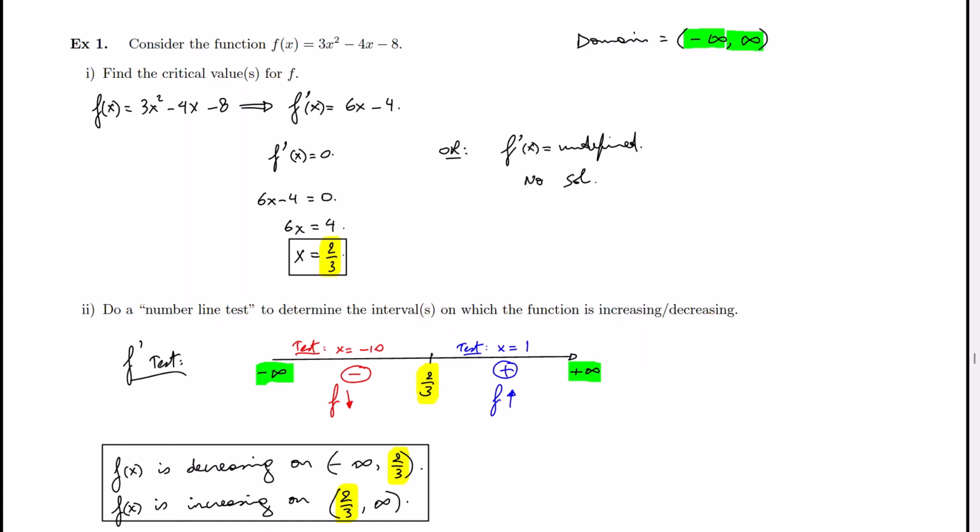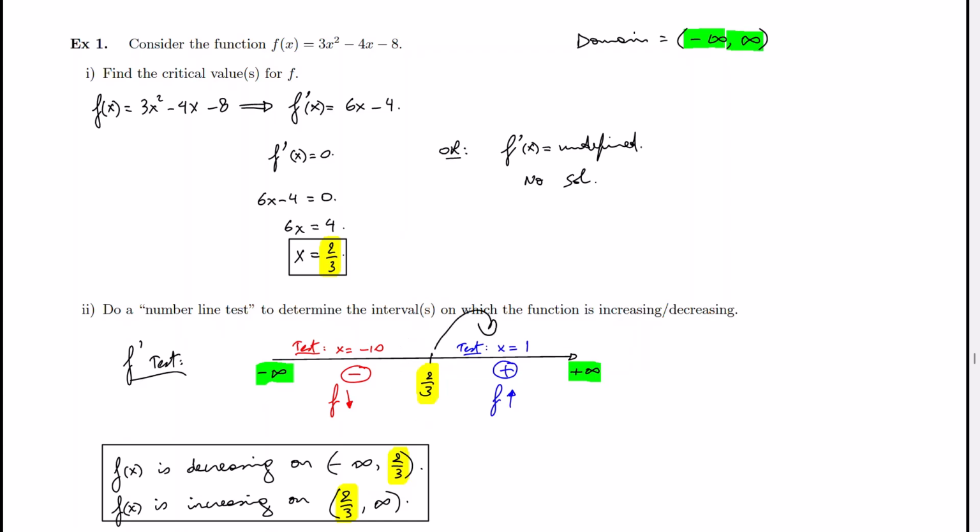And to perform the test to figure out where the maximas and minimas are, or where the intervals of increase and decrease are, what we need to do is pick some test values. These test values that we're choosing are completely random numbers that come before 2/3 and after 2/3. Just any number works as long as the number is after 2/3.